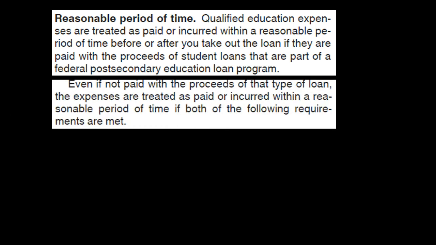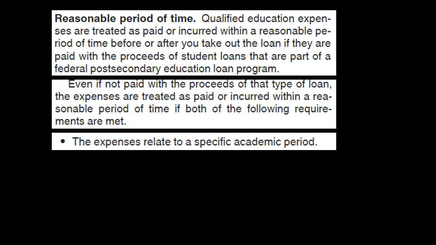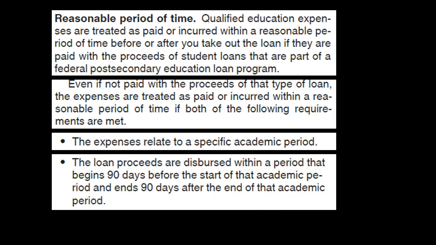Even if not paid with the proceeds of that type of loan, the expenses are treated as paid or incurred within a reasonable period of time if both of the following requirements are met. First requirement, the expenses relate to a specific academic period. Second requirement, the loan proceeds are dispersed within a period that begins 90 days before the start of the academic period and ends 90 days after the end of that academic period.